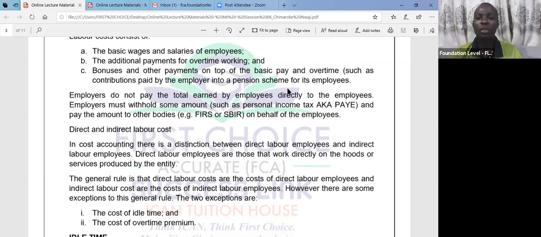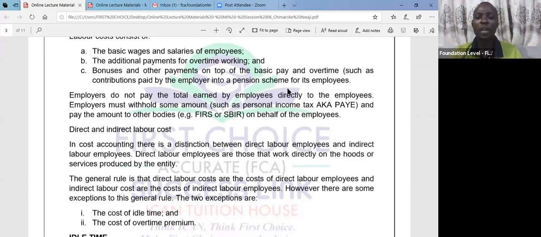So those employees that are directly doing the job, these are the direct laborers. So an example can be seen in a factory. When a factory has production workers, let's say people who are actually making the bread, these ones are direct laborers. And so what you pay them is the direct labor costs.